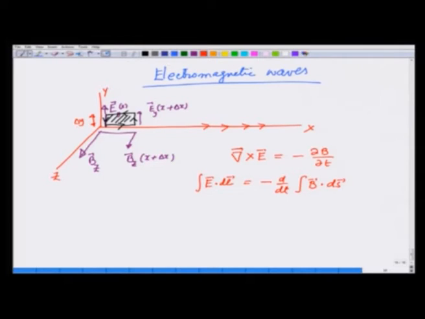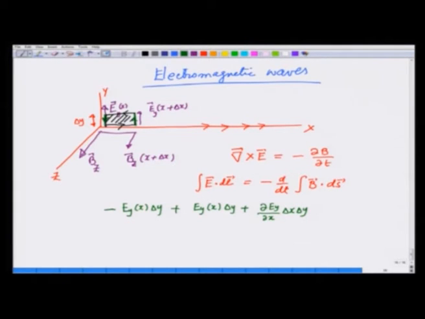Then, as we proved with Stokes theorem, I am going to get E y at x times delta y in the negative direction from the left hand side black line, and on the right hand side I am going to get plus E y at x delta y plus partial E y partial x delta x delta y on the line going up.